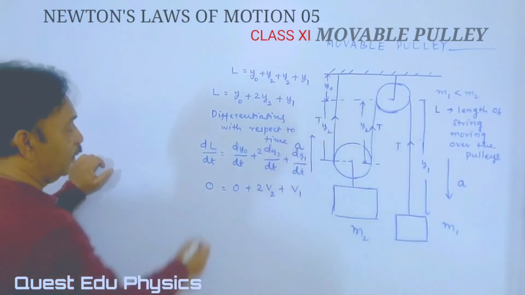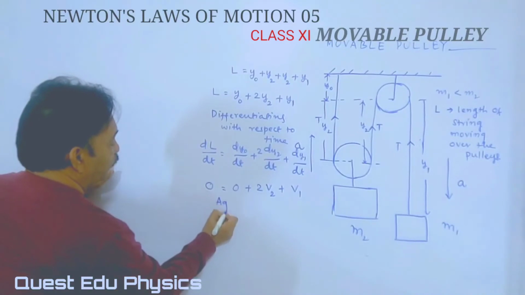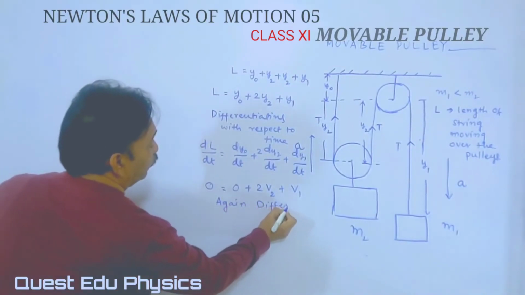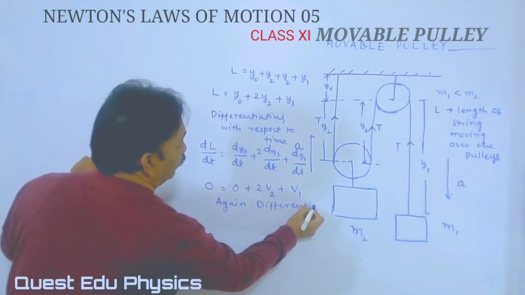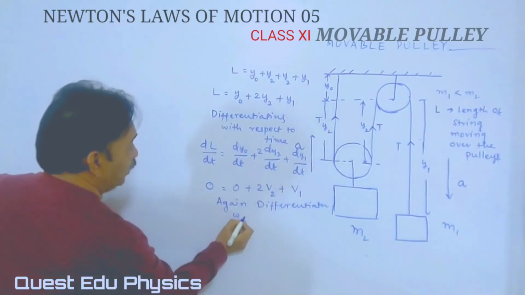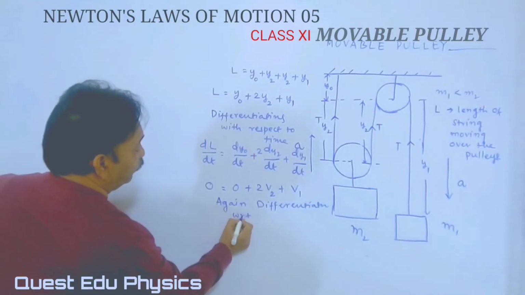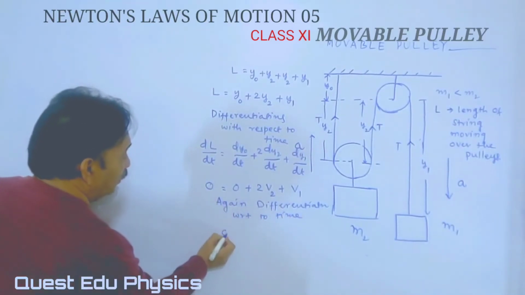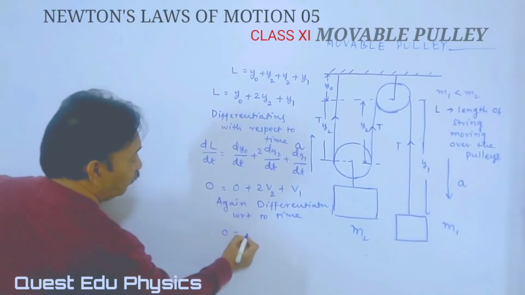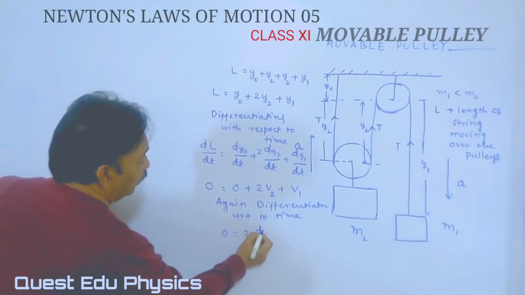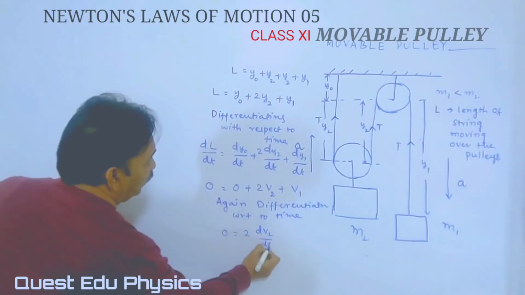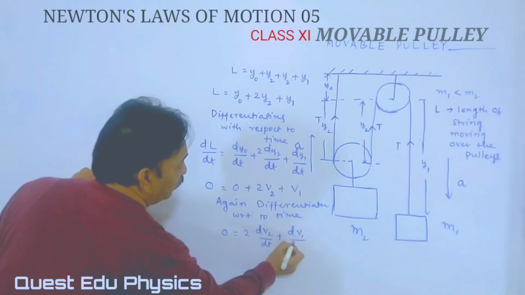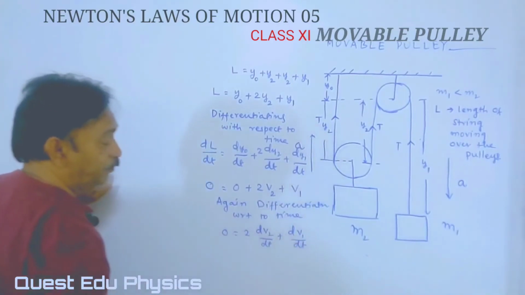Okay, students, again differentiating with respect to time, we get 0 is equal to 2 of dv2/dt plus derivative of v1/dt.